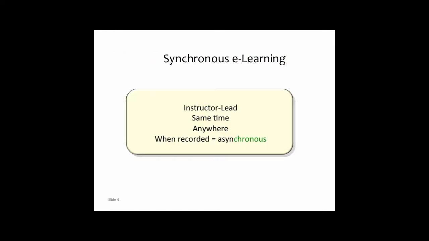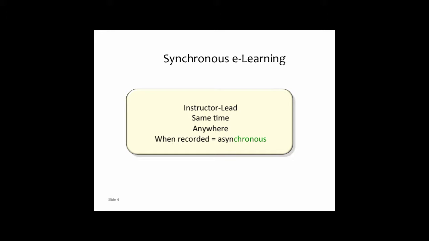So what is synchronous e-learning? Well, it's instructor-led at the same time. In other words, whenever the instructor is giving some type of a lecture or presentation, it is in real time, and you are the student on the other end viewing that information. And it can be anywhere depending upon the resources that you have available.